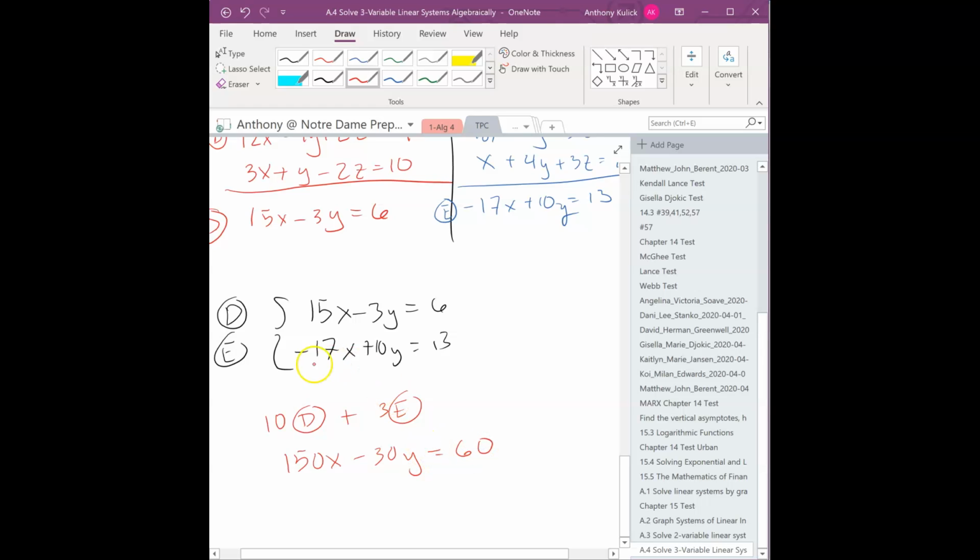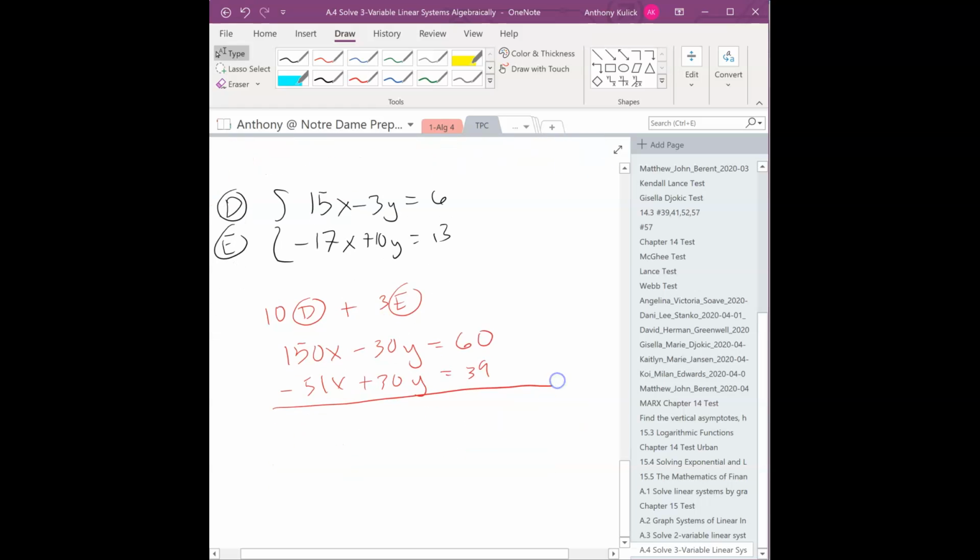And when I do 3 times equation E, I get negative 51x plus 30y equals 39. When I add this down, I get 99x equals 99, or x equals 1.